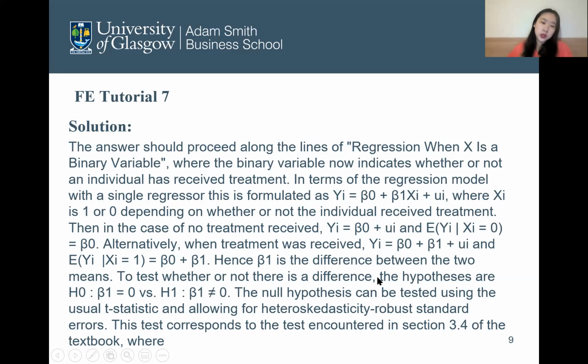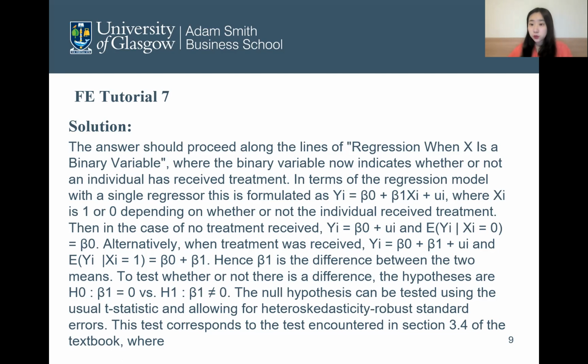Alternatively, when treatment was received, when X equals 1, it becomes beta 0 plus beta 1 plus the error, so the expectation becomes beta 0 plus beta 1. Hence, beta 1 is the difference between the two means.